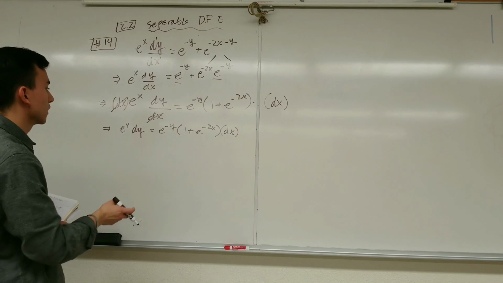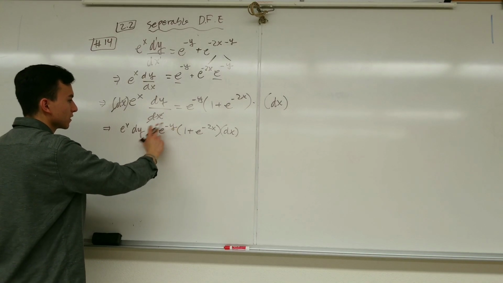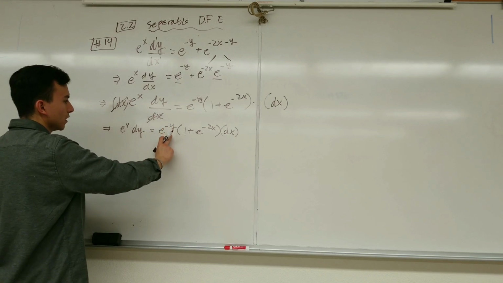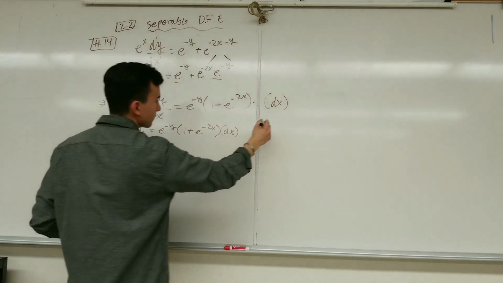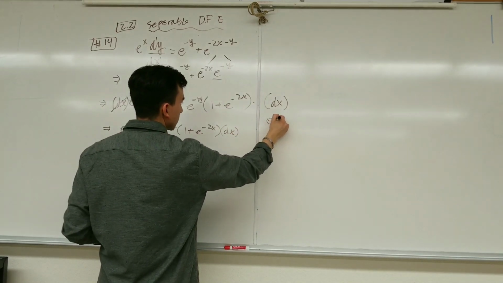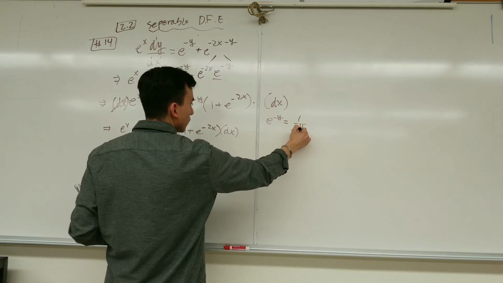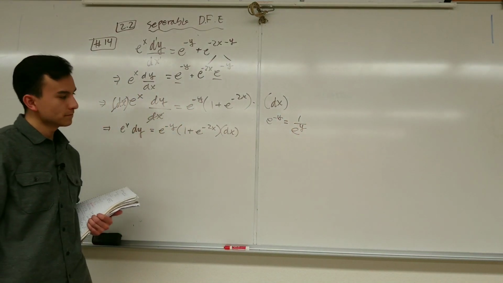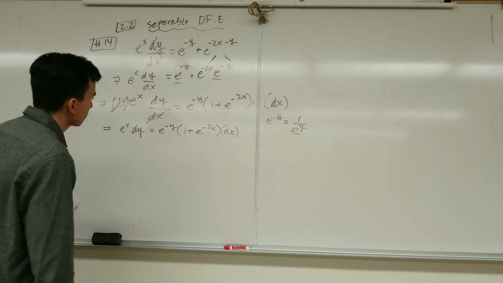Okay, so if we look at this, we know that e to the negative y power could also be 1 over e to the y. So that's something good to see.